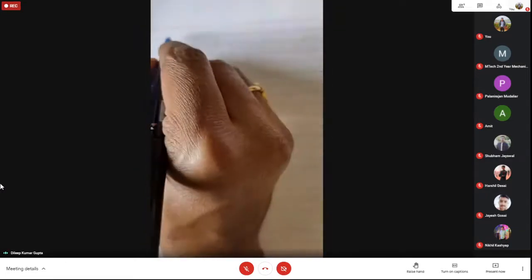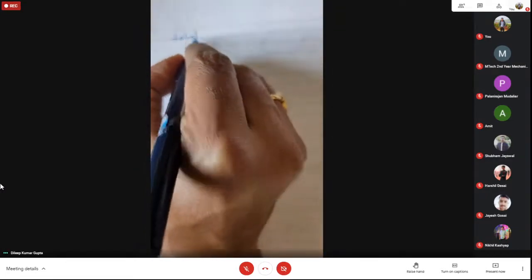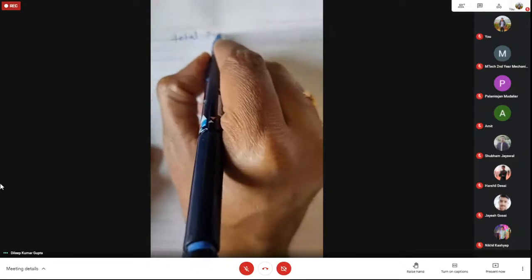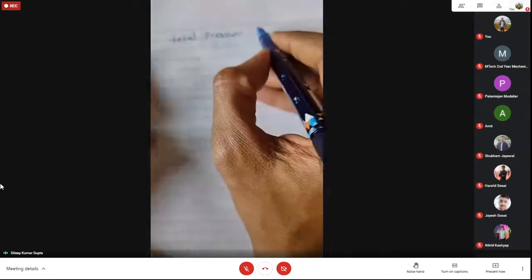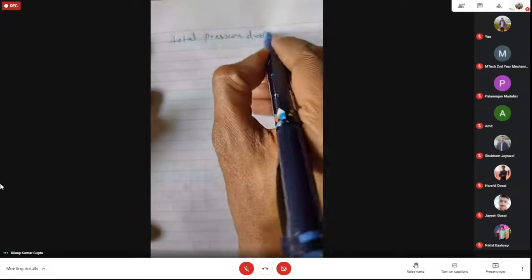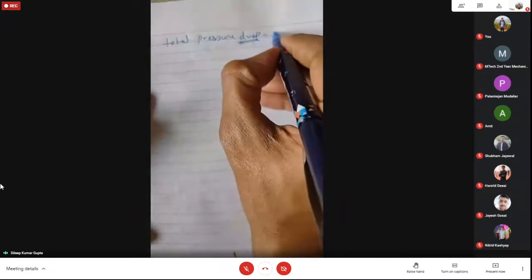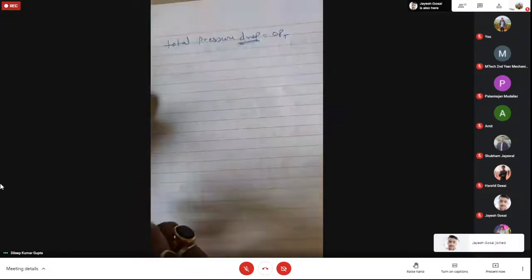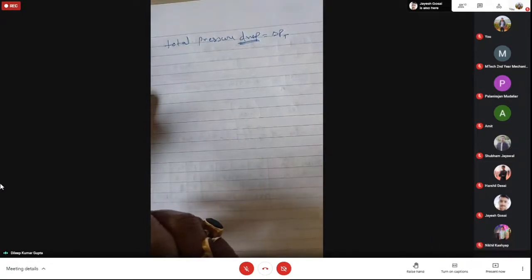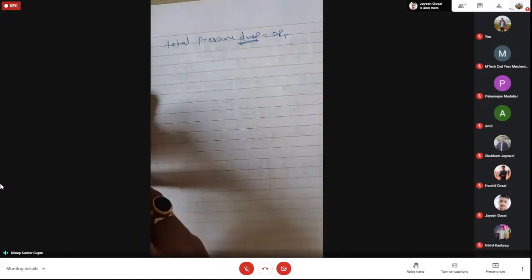So the next step is finding the total pressure drop across the fan. This is given as delta P of total, right? So if you are going for delta P of total, what are the possible pressure drops here?